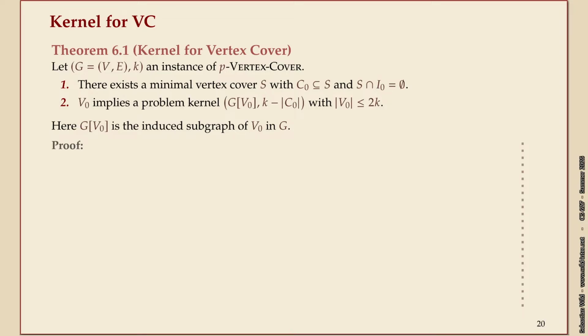The claim is you can, without loss of generality, always take the vertices in C0 as part of an optimal vertex cover, and you never need to take any of the vertices in I0. And then, of course, there's the ones in V0 left where we don't know. But we'll see that we can essentially restrict the input to just those vertices in V0. And that's going to be the hard part of the problem, in other words, the kernel of the problem. And you can bound the number of vertices that are in V0.